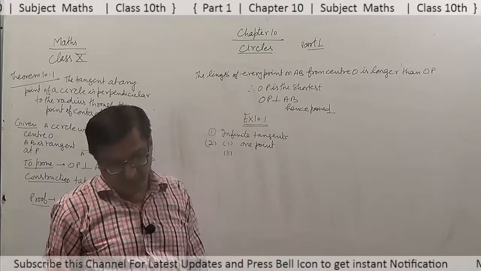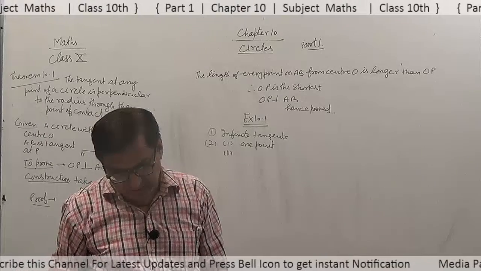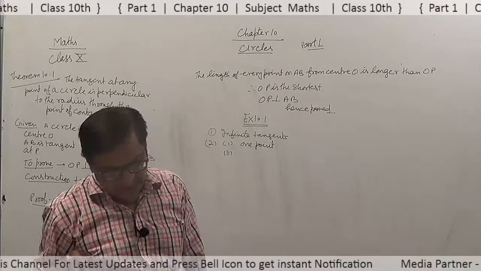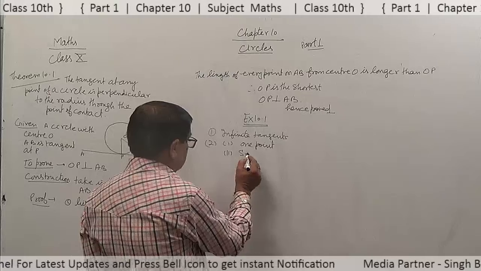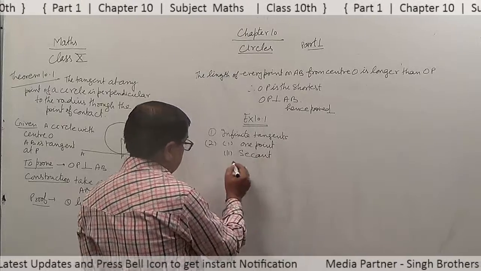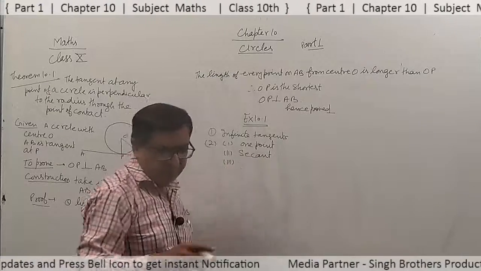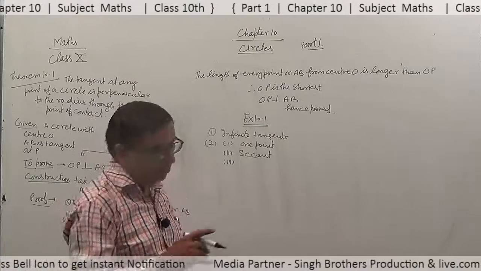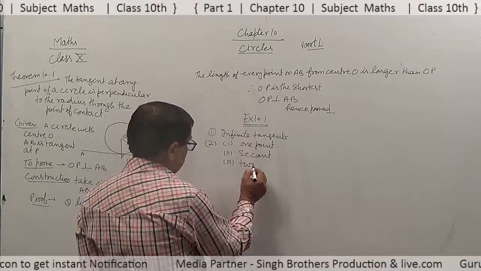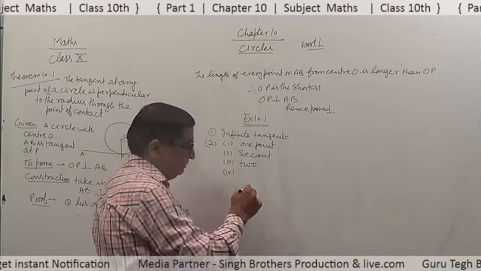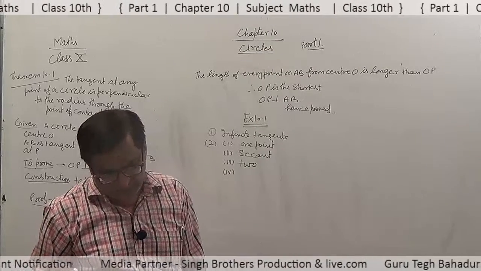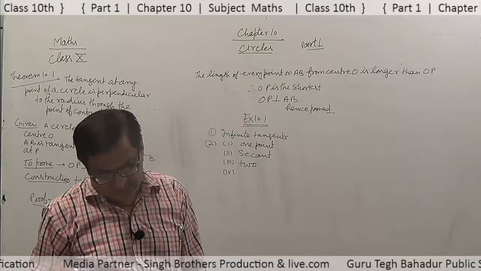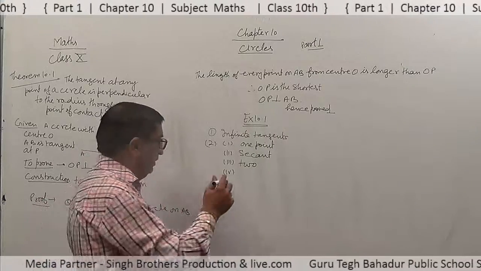Second part: a line that intersects a circle in 2 points is called a secant. Third part: a circle can have 2 parallel tangents. Fourth part: the common point of a tangent to a circle and the circle is called the point of contact.